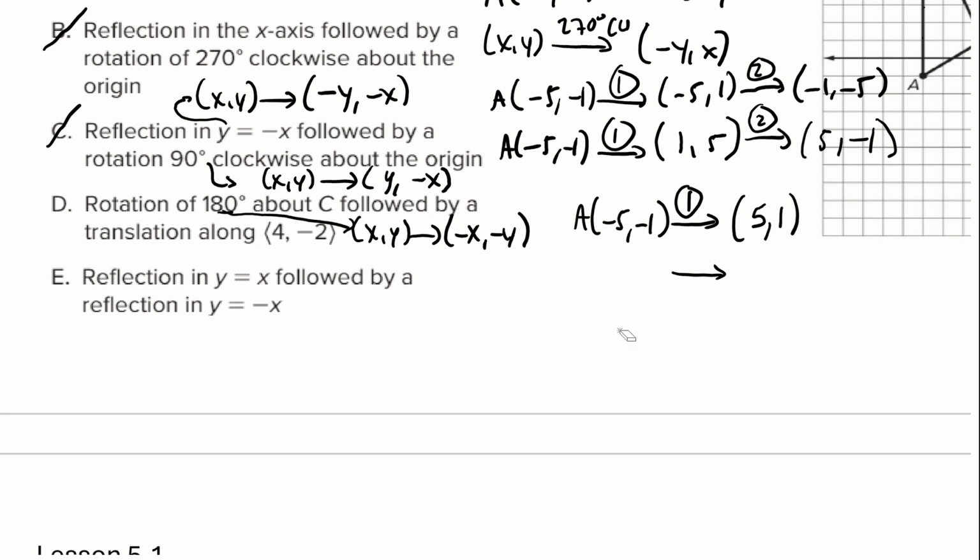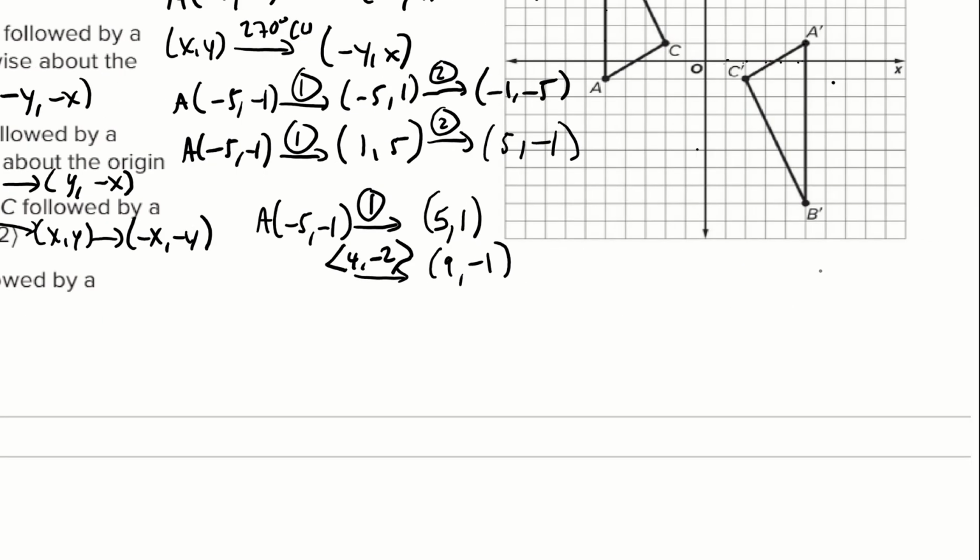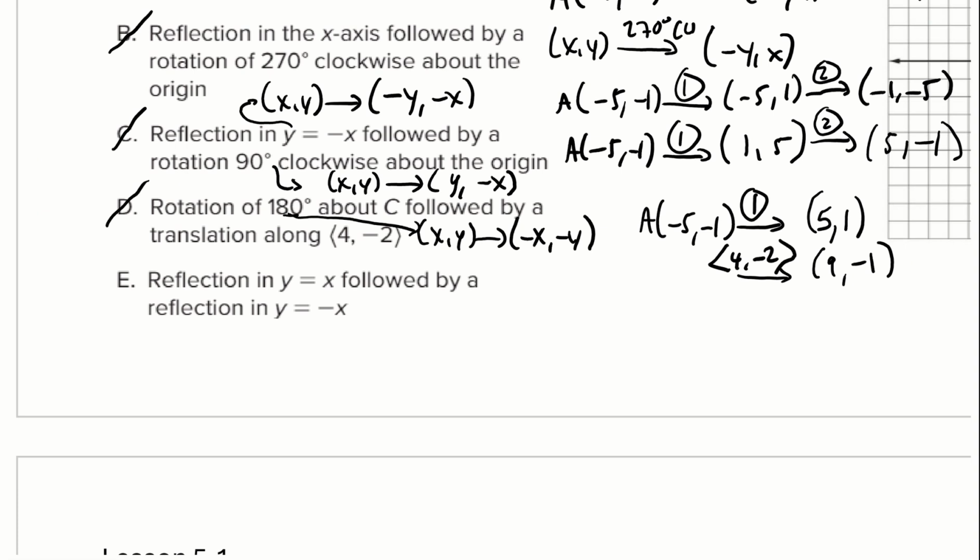And in the second transformation, I'm going to add 4 and then subtract 2. So 5 plus 4 is 9, and then -2 plus 1 is -1. Is that the correct coordinate for A? Definitely not, because that's going to put A over here. So definitely not that one.